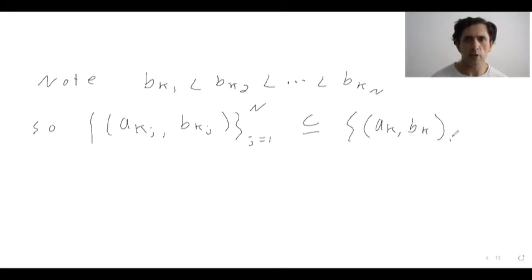And this is true for all big N. Now that should look a little funny. Alarm bells should be going off here.